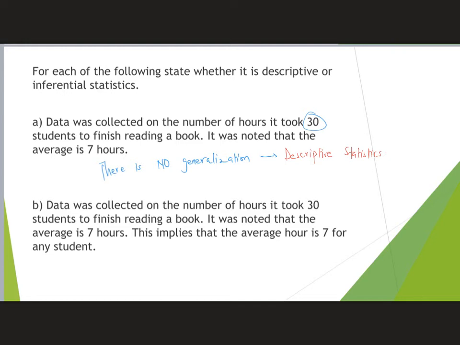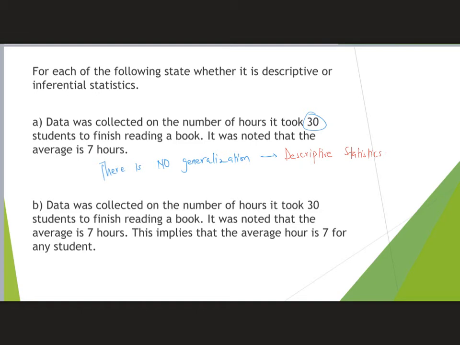Looking at the second example, data was collected on the number of hours it took 30 students to finish reading a book. It was noted that the average is 7 hours. This implies that the average hour is 7 for any student.